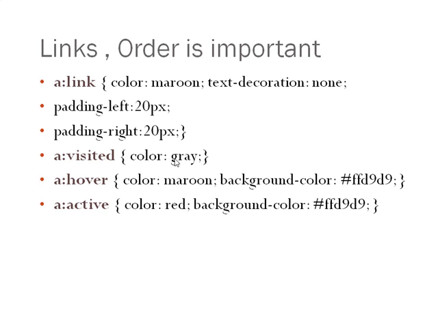In my visited state, I've changed the color to gray. So I'm overriding this one, but I haven't put in anything different for text decoration or padding, so it's going to keep those same attributes. Basically, instead of me having to write out text decoration and the padding left and right, it's just already going to be there.